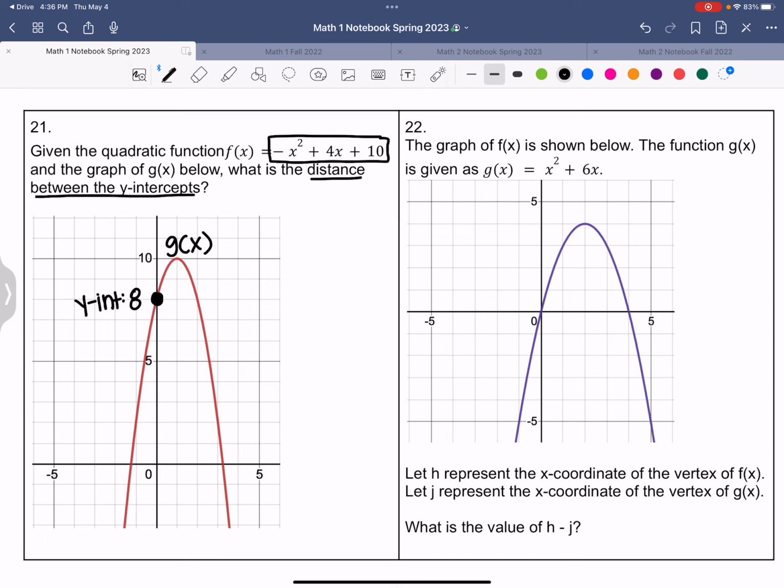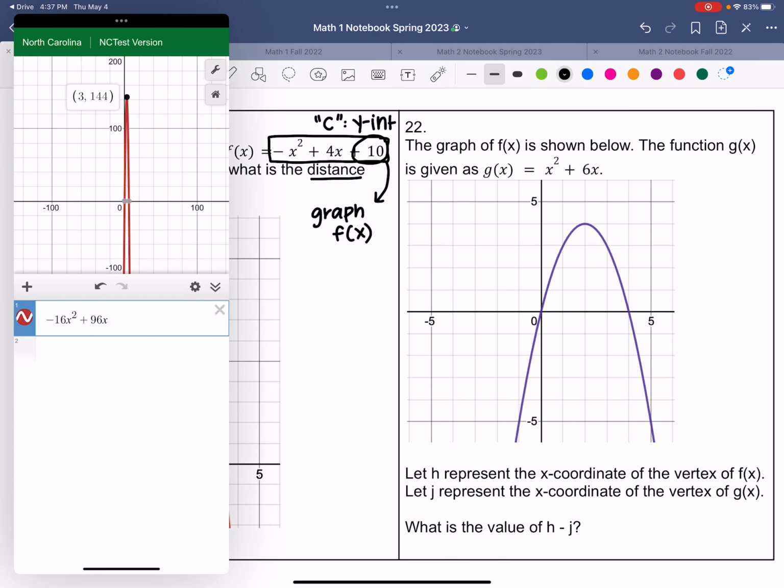Actually, we don't technically have to graph it, because what do we know about a y-intercept? It's C. So technically our y-intercept is 10, but if we want to graph it, this is f of x, just to show that on the graph.